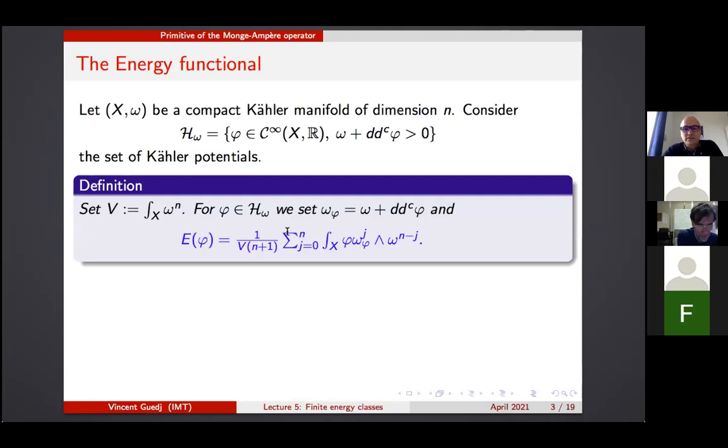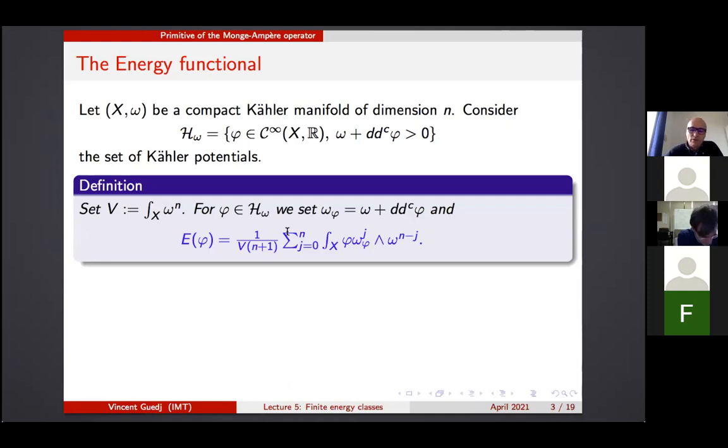And let me make the following definition. For a Kähler potential phi, I denote by E of phi, a functional on the set of Kähler potentials, the following quantity. It's a summation, so you have n plus 1 terms of the integral of phi omega_phi to the j wedge omega to the n minus j.